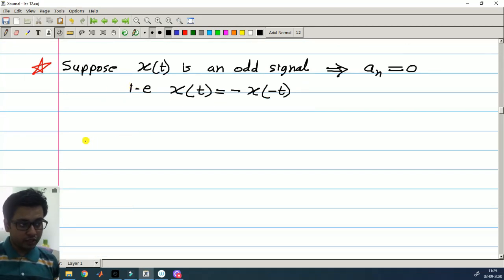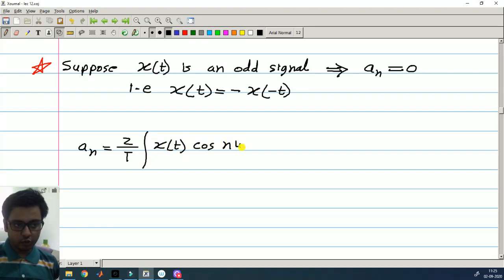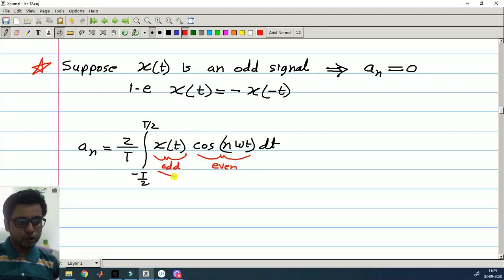This you may prove by writing an equal to 2 over T integration x(t) cosine n omega t dt from minus T by 2 to plus T by 2, one complete cycle. And now x is odd, cosine is even, so the product is odd, and an odd signal integrated over minus T by 2 to plus T by 2 gives 0 always.